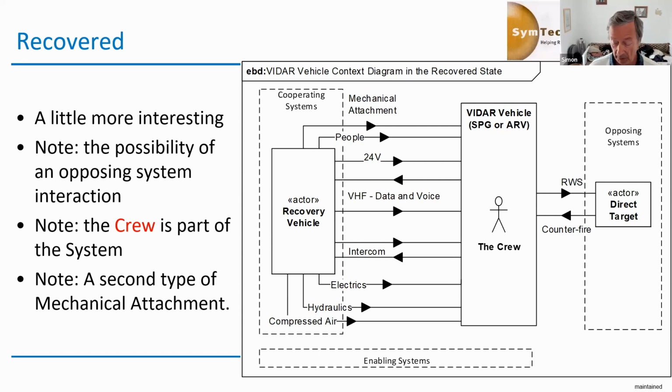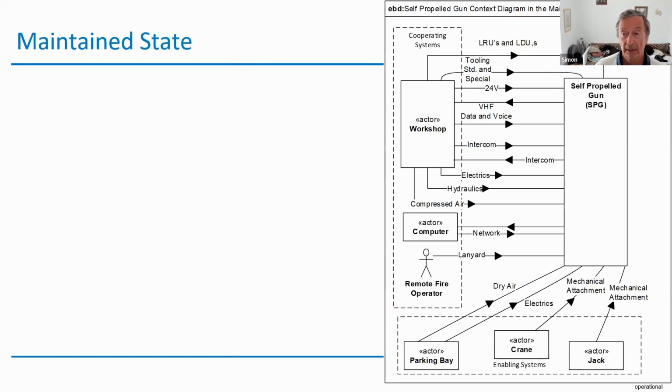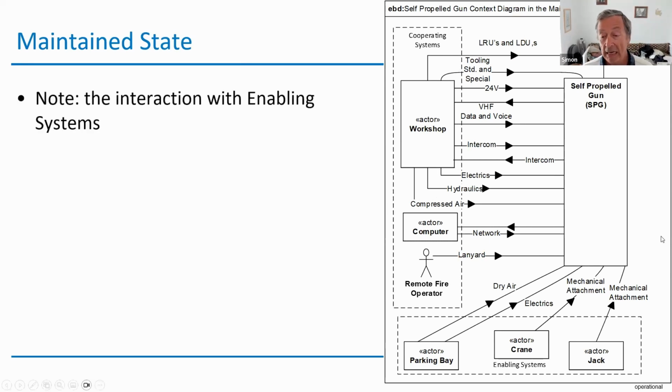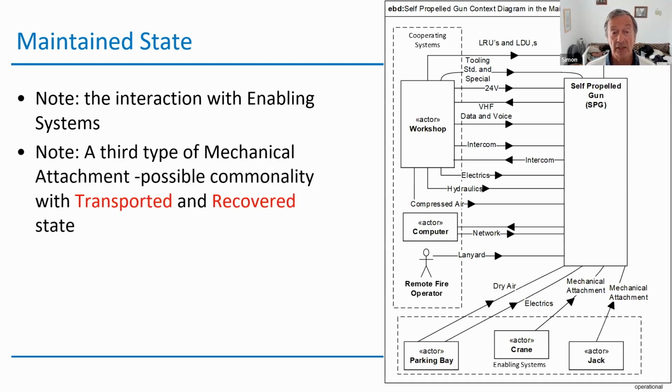What's the next state? Well, we're going to look at the maintained state. It's a little more interesting. Now we've got enabling systems. We've got the parking bay, again, because they will have parking bays in the maintenance sheds and with interfaces. We also have cranes and jacks as well. So there's a third type of mechanical attachment.